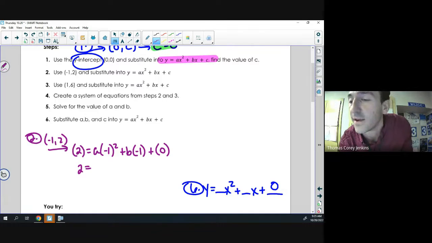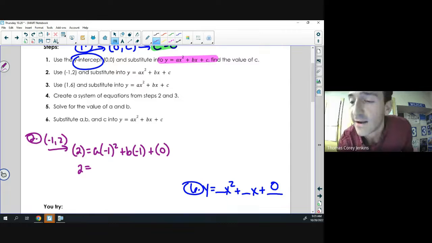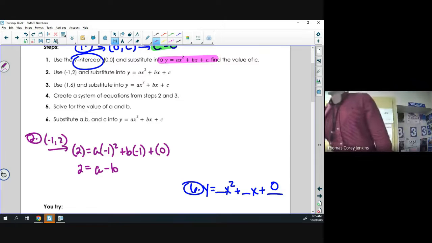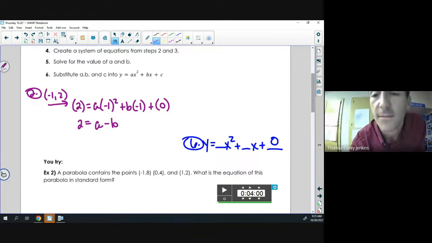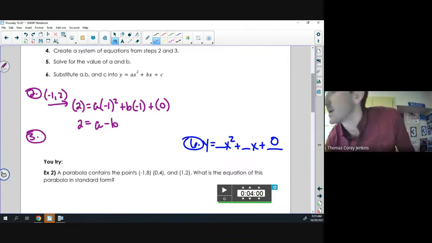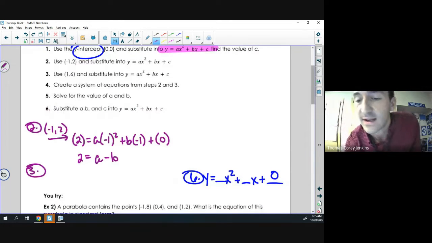So we have 2 equals a times (-1) squared. (-1) squared is 1, so that's just 1a. b times -1 is -1b, so we just say minus b. So 2 equals a minus b. That's as simple as we can get it, so we move on to step 3, which is sub in your other non-y-intercept point, which in this case was, what was it, (1, 6).